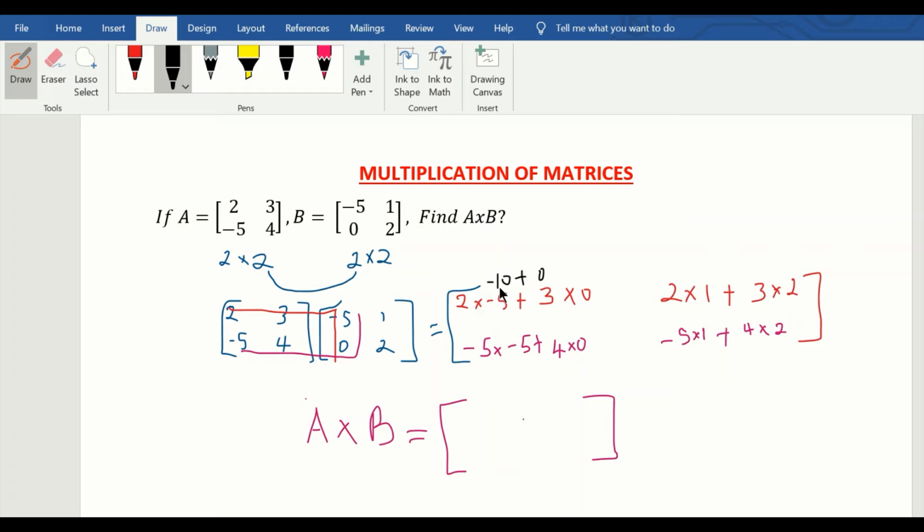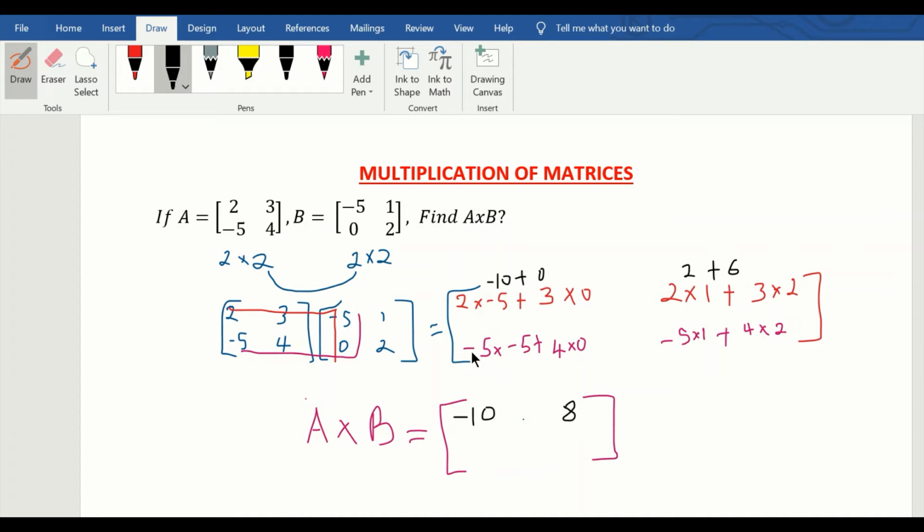So minus 10 plus 0 gives us minus 10. Okay, 2 times 1 gives us 2 plus 3 times 2 is 6. So 2 plus 6 is 8.